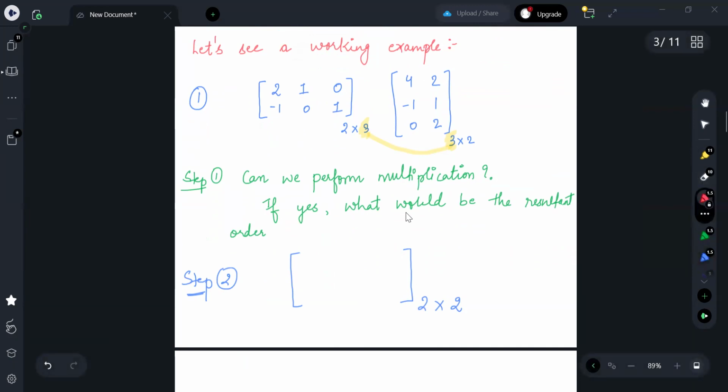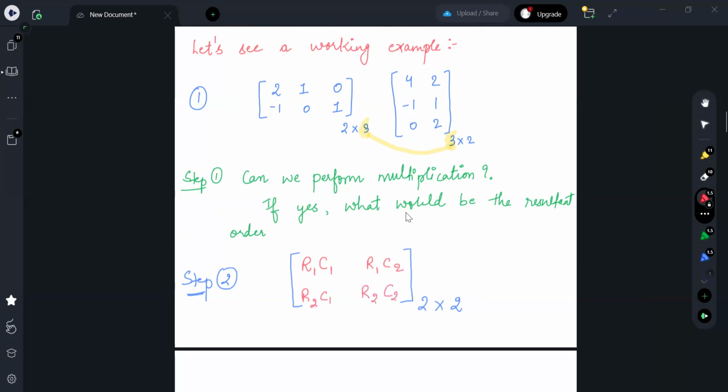You're multiplying row 1 with column 1, and that's going to be your first entry. Row 1 with column 1, and then again you're multiplying row 1 with column 2. And same thing here, you're multiplying row 2 with column 1 and row 2 with column 2.